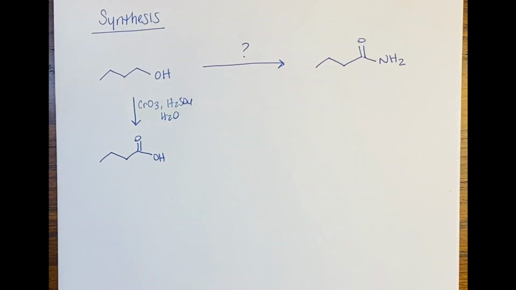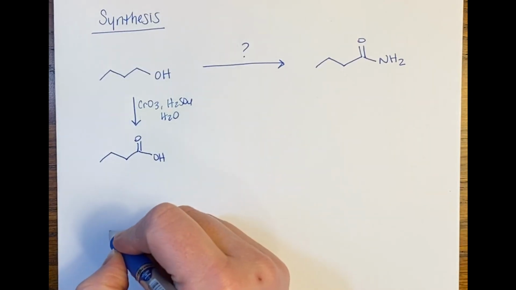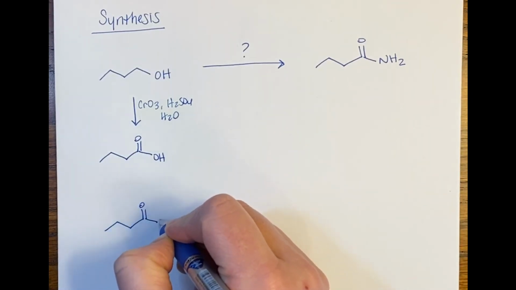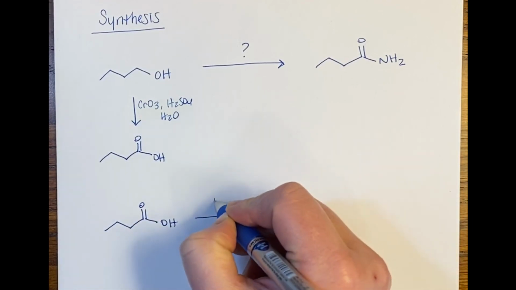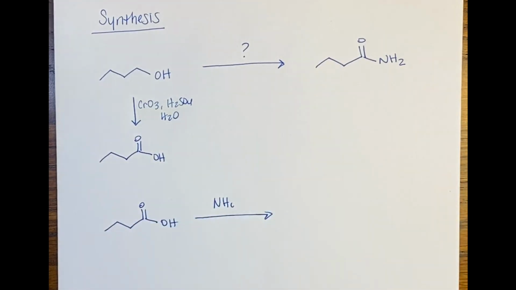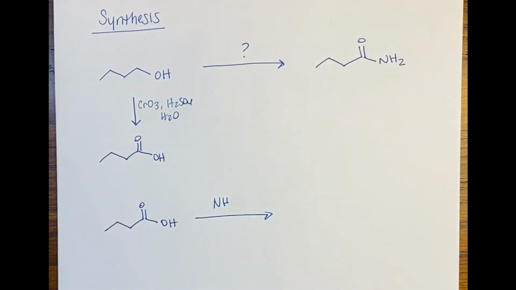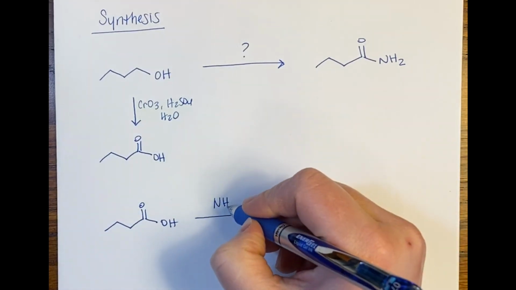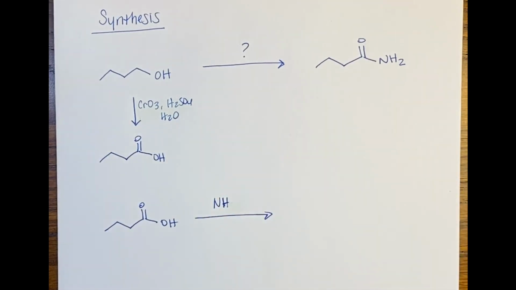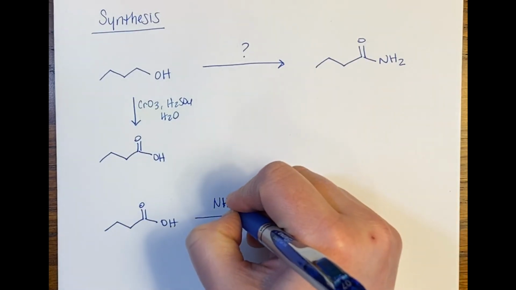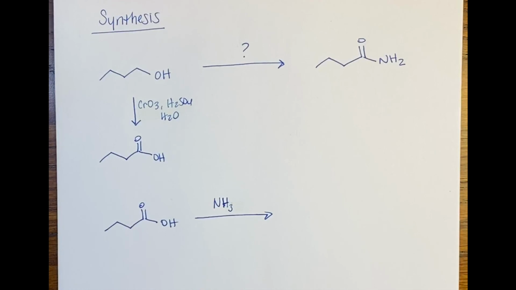Now there's a lot of reactions that I know how to do with carboxylic acids, and there are a few ways that I know how to make amides. Keep in mind that you cannot just take this carboxylic acid and treat it with an amine like ammonia in order to make the product.